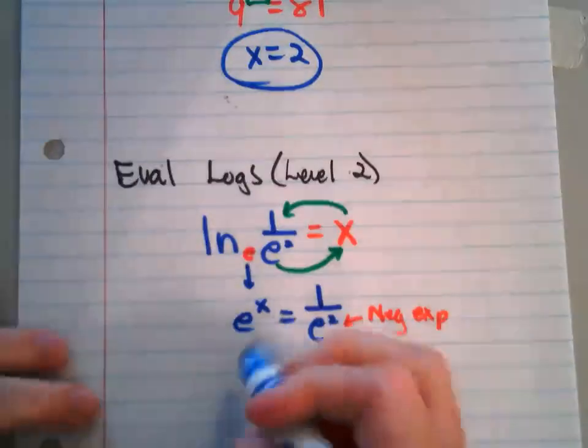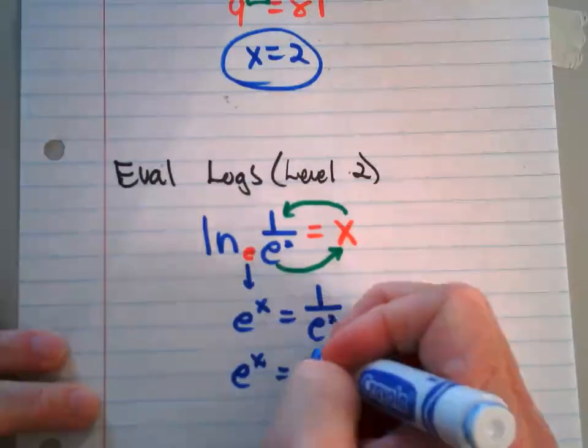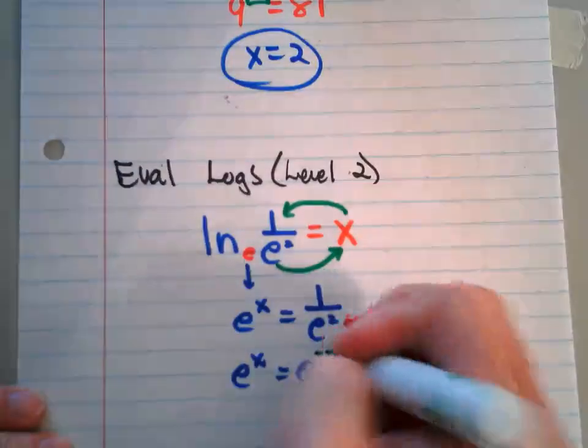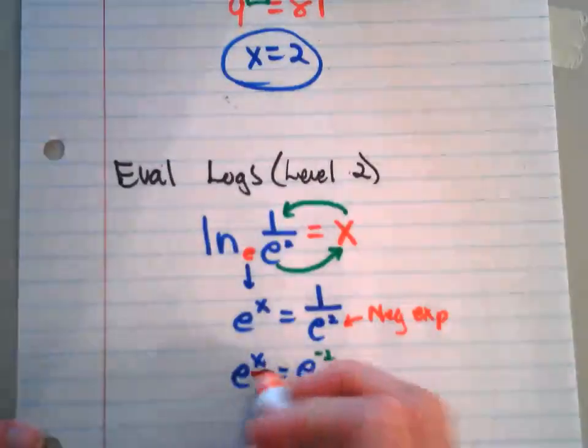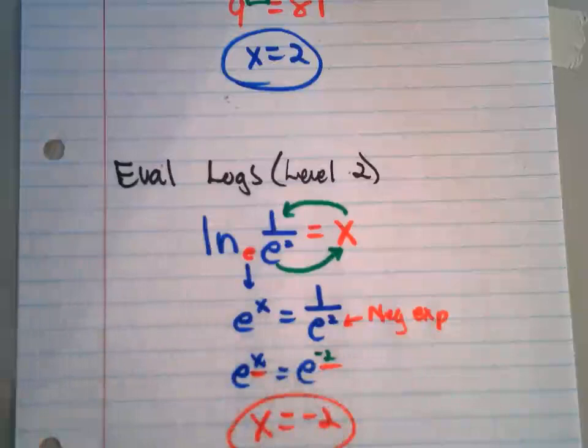So that's going to be e to the x equals e to the negative 2. The fraction goes away, and the negative takes its place. Based on what we see right here, x is going to be negative 2. So that's the first two problems of 14.